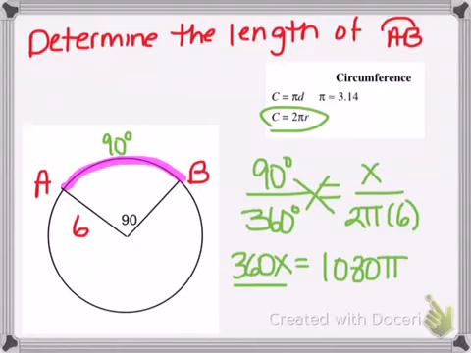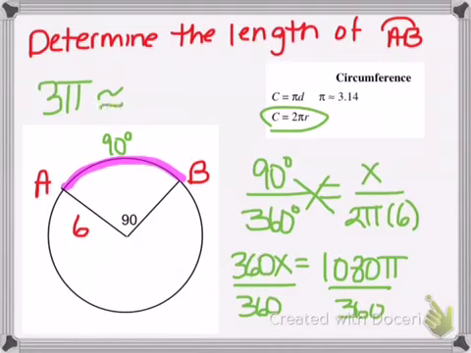To solve for x, I'm going to use the division property of equality and divide both sides by 360. When I do that, I get my answer is 3 pi. So my arc length is 3 pi. If I want an approximated value, remember all you have to do is hit the SD button. That would be approximately 9.4 rounded to the nearest tenth.